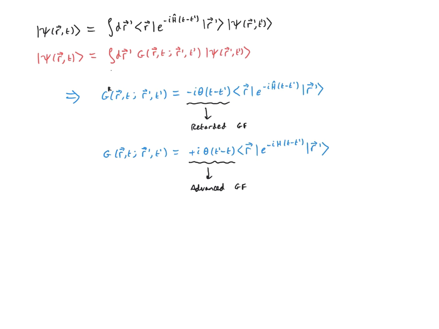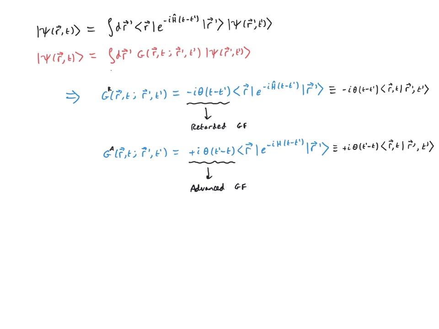And these advanced Green's functions are often denoted by the superscript a. In this case, we assume that the wave function on the left-hand side here, psi of r and t, occurs at a time before the wave function psi of r' and t'. We can express these in the following way in terms of these brackets.